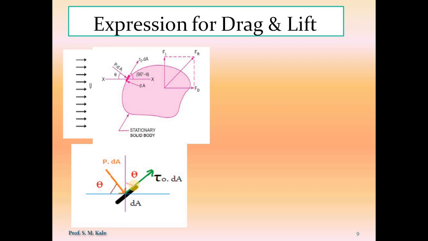The lift force is nothing but the vertical component of the forces because of the pressure force and shear force. After calculating the lift force on a single elementary area dA, I take the integration of it, and I will get the total lift force acting on the entire stationary body.